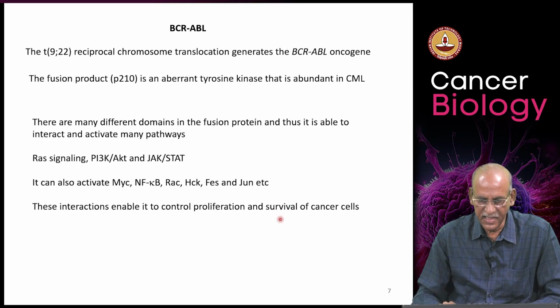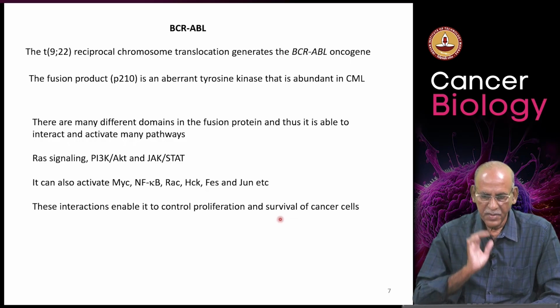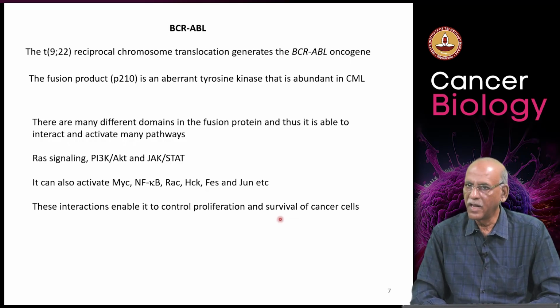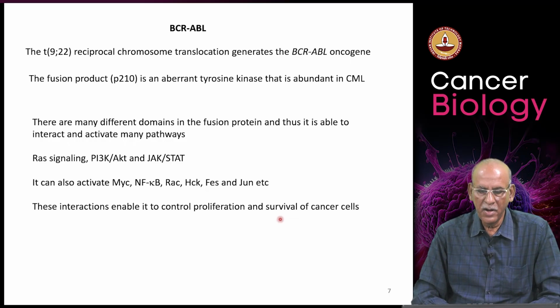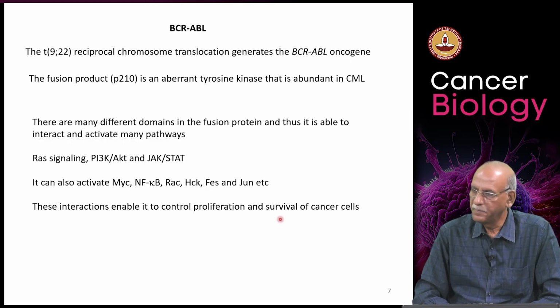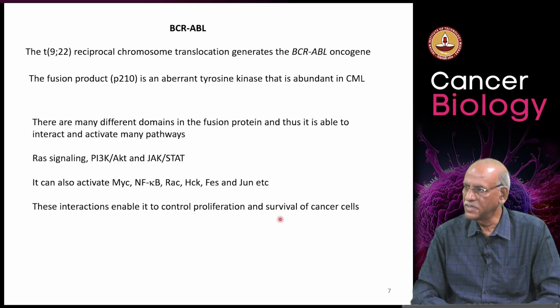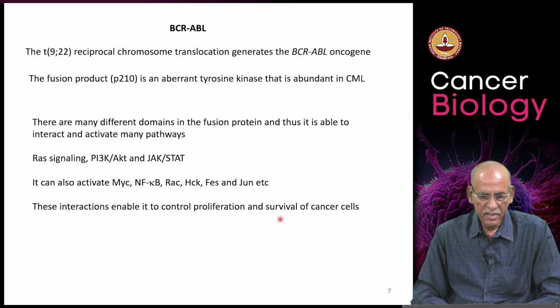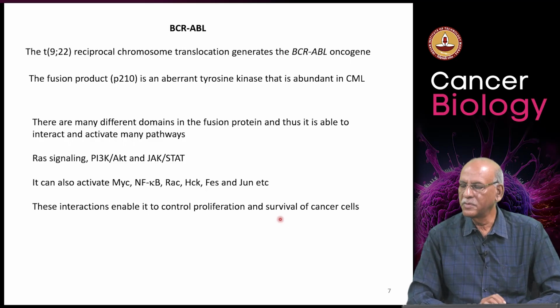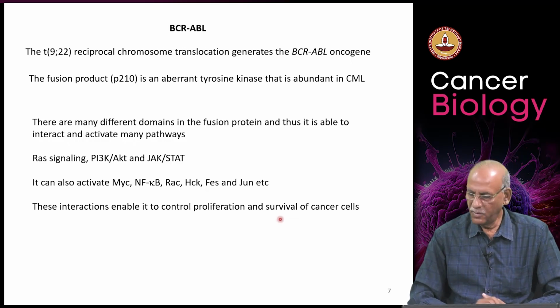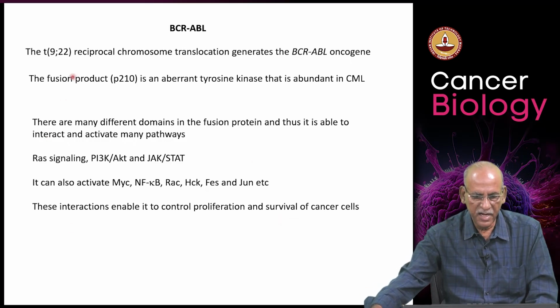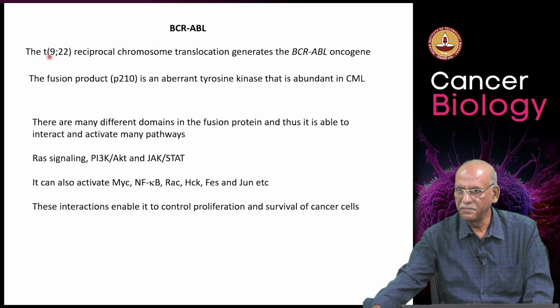We will see the examples. This is a very interesting one. What is called BCR-ABL? I already told you, breakpoint cluster region. ABL means it is an oncogene, Abelson, because it was discovered by Abelson. There is a chromosome translocation. If you write the symbol like this, t(9;22), the t stands for translocation.